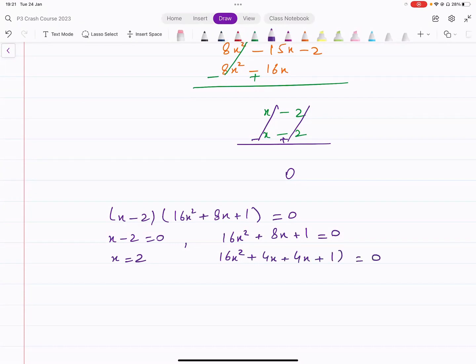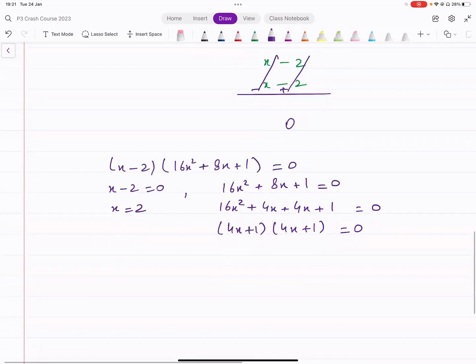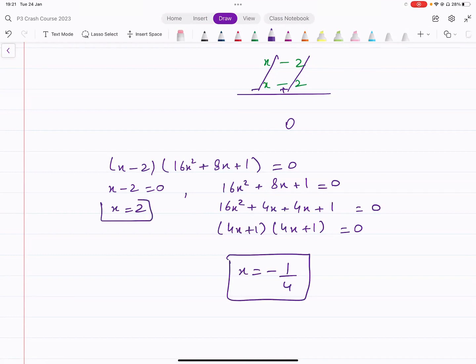This gives us 4x plus 1 and 4x plus 1, two factors, 4x plus 1 whole square. And that gives us x equals minus 1 over 4. These are the two solutions for this equation: x equals 2 and x equals minus 1 over 4.